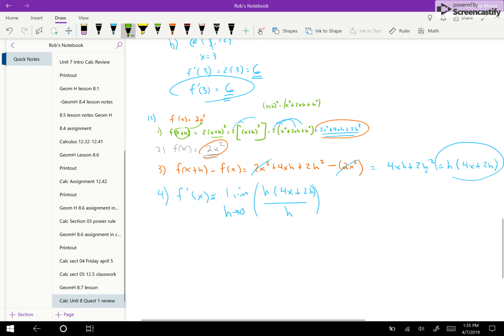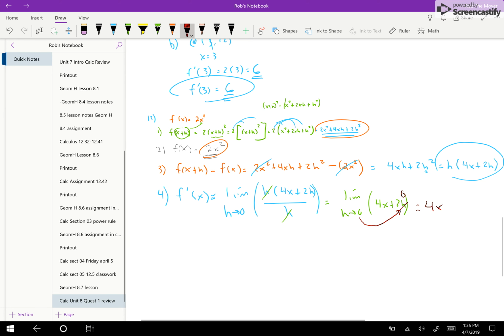This is where the beauty comes in. The h cancels out. I get the limit as h approaches 0 of, I'm just repeating what I have over here, what now? The h cancels out, so I just get 4x plus 2h. Now look at this beautiful thing. 0 gets plugged in for h. That gets multiplied by the 2. 2 times 0 is 0.